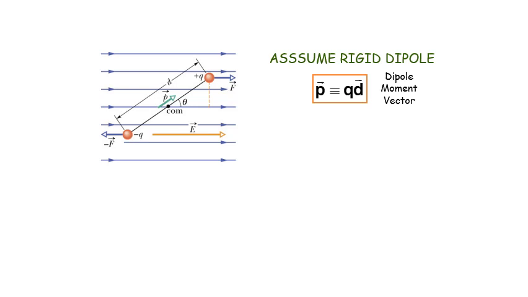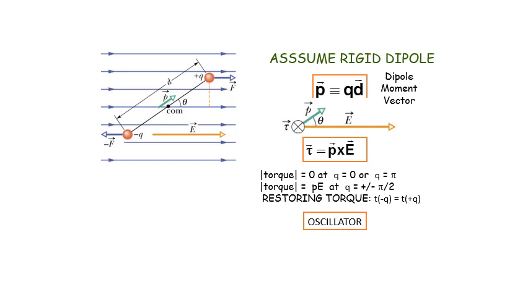We have assumed a dipole, so we have to take care: tau is equal to P cross E. This torque is zero in two possibilities. Either there is no charge, Q is equal to 0, or the angle value is pi.